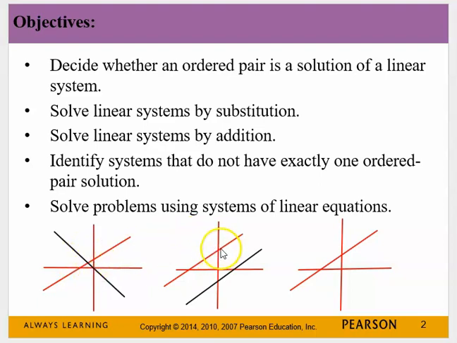Now another scenario would be that the red line's one equation, the black line's another equation, and as we see, the lines are parallel. There never would be an intersection. And as we go to our last scenario, we see a red line, but suppose we graph the other line and it was right on top of it.